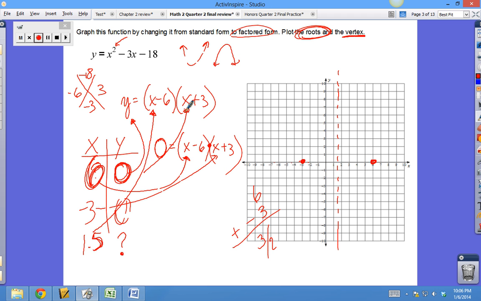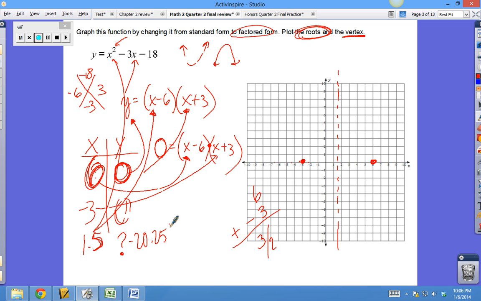So this is calculator from here on out, and you can use the factored one or you can use the original one that you started with. It doesn't matter. So let's plug 1.5 in. So parenthesis 1.5 minus 6 parenthesis 1.5 plus 3, and I get a negative 20.25.